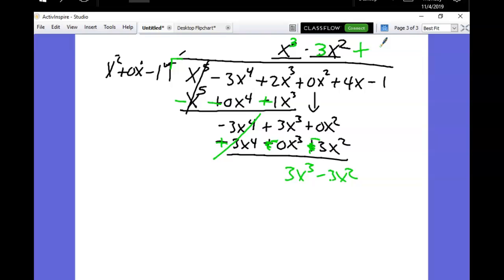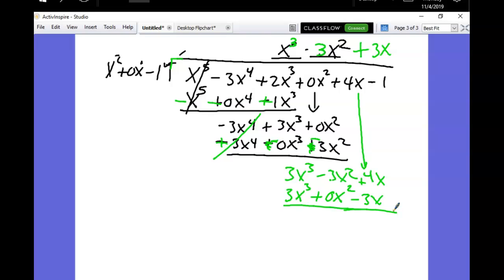3x? I agree. Because 3x times x squared would give me 3x cubed. Keep going. Don't you have to bring down the 4? Okay. Kalen Smith, sorry. Oh, okay. Alright. So, it's 3x cubed right here. And then 0 at the second. Alright. And then, negative 3x.